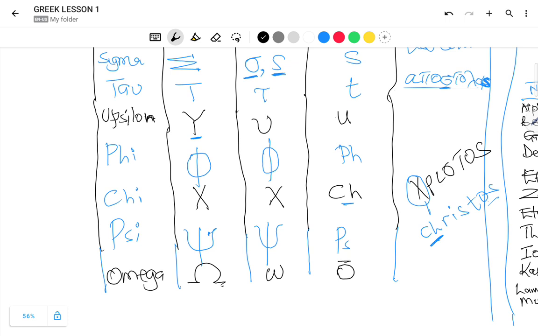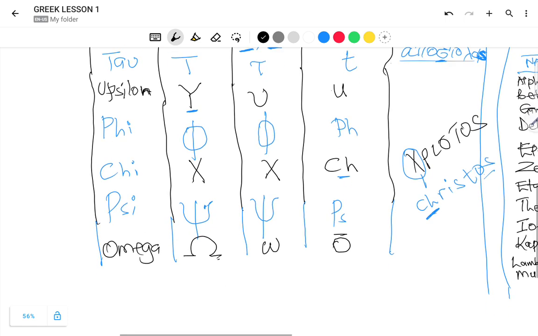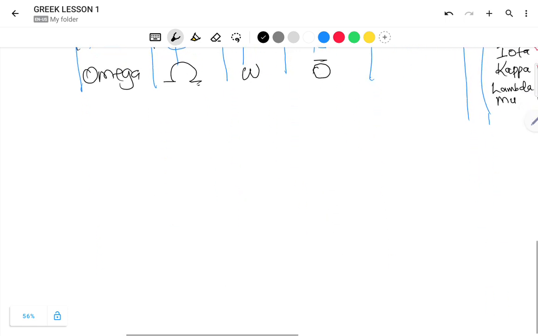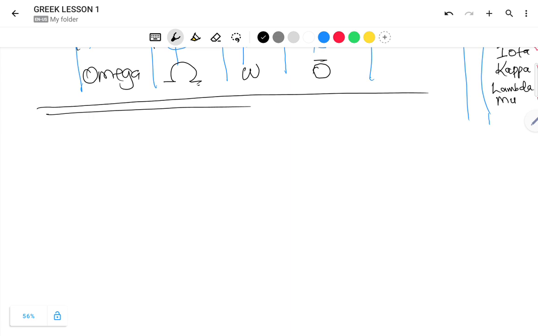So to wrap it up, we've seen that there are certain letters that are unique or at least repeated. And so epsilon, eta.